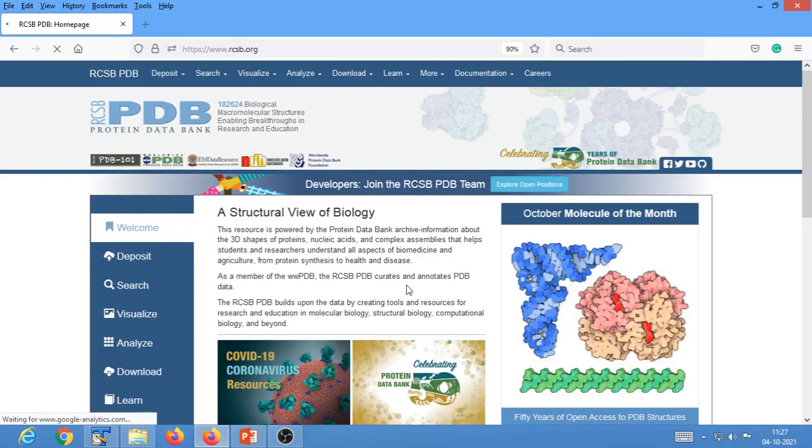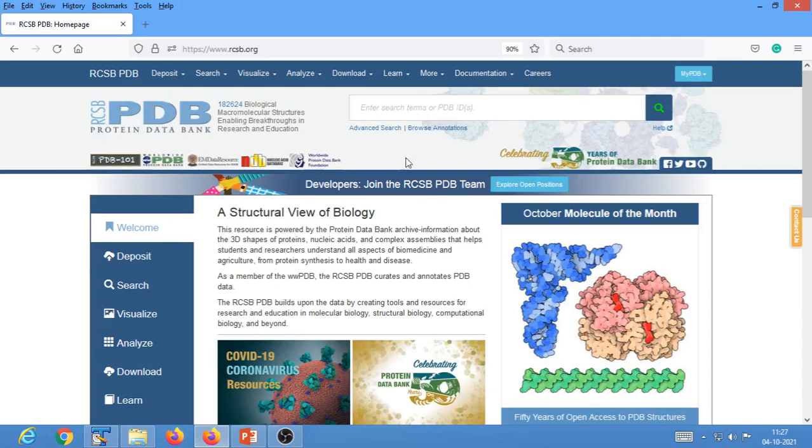Once you reach the home page, let us download the model molecule that we are going to use for most of our practicals, for most of our demonstration today, as well as in our subsequent lectures. Each and every structural model deposited in PDB is provided with a specific unique identifier, and usually the PDB identifiers are 4 characters.